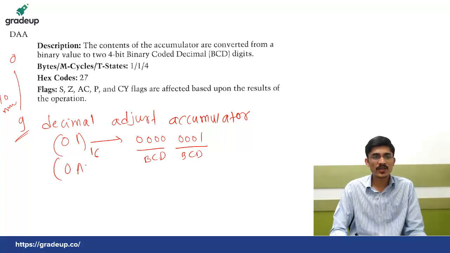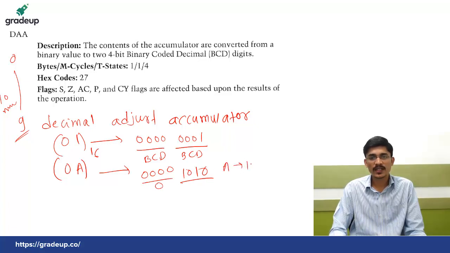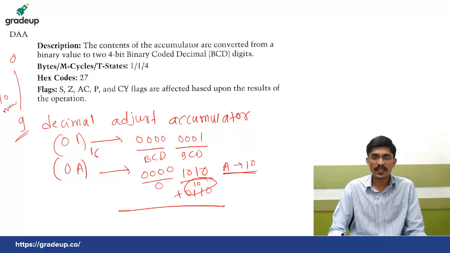Suppose it is given as 0A, so this is 0 and this is A, and A is basically 10 in hexadecimal representation. So this is not a valid BCD. Whenever it is not a valid BCD, 6 is added to the invalid BCD number and it is made a valid BCD.